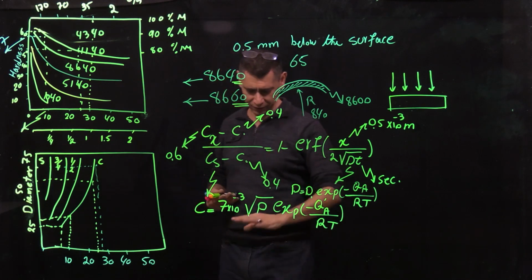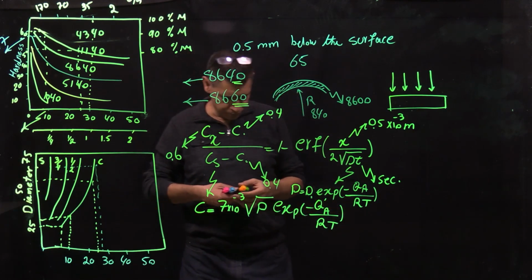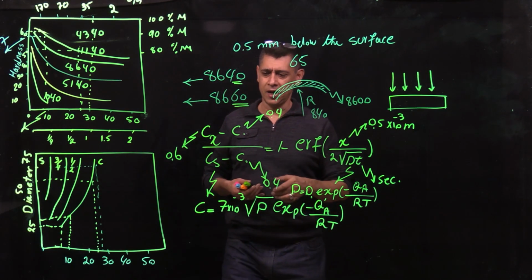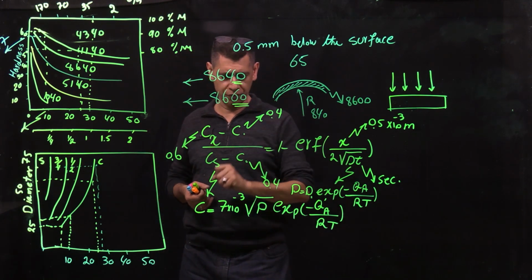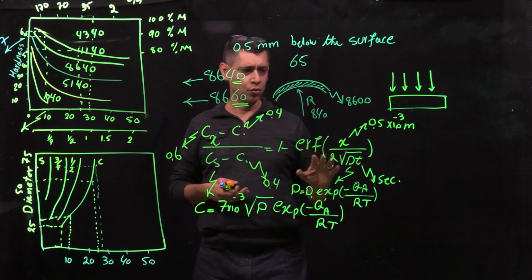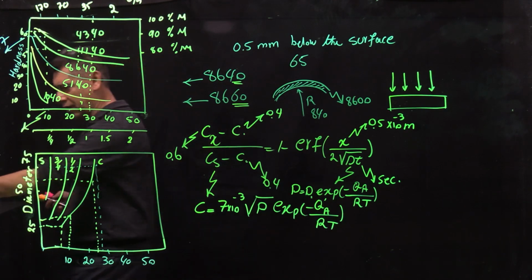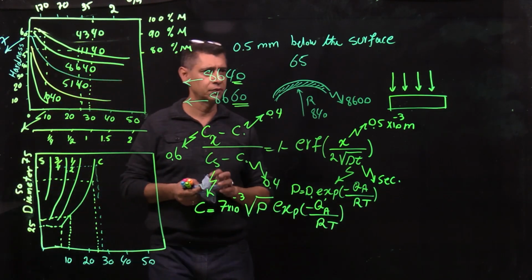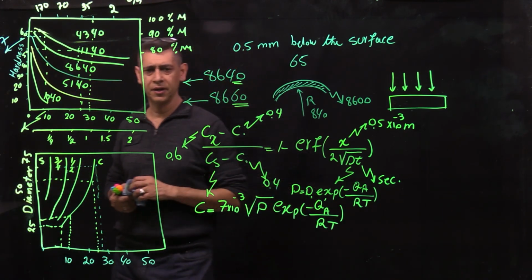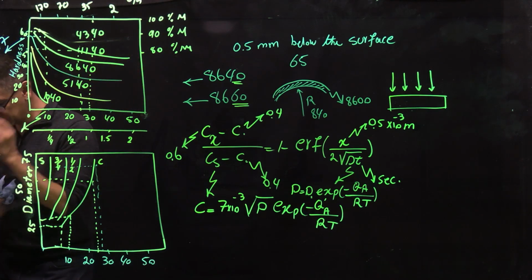But let's get back to this question. So now assuming I have this 0.6, I have 0.4, I have everything, the equation becomes rather simple. So I'm just going to delete this here and we will continue.